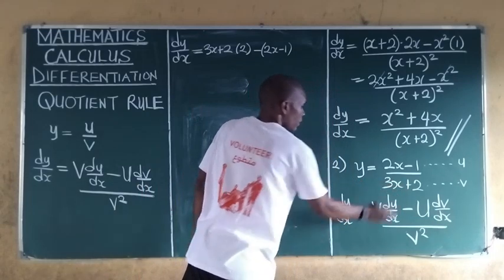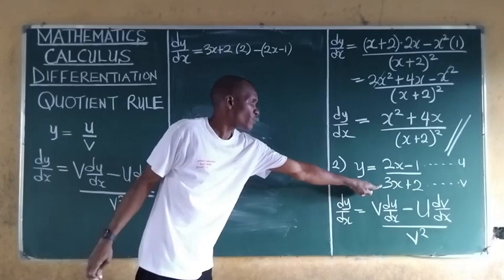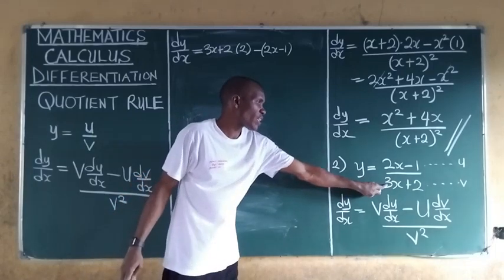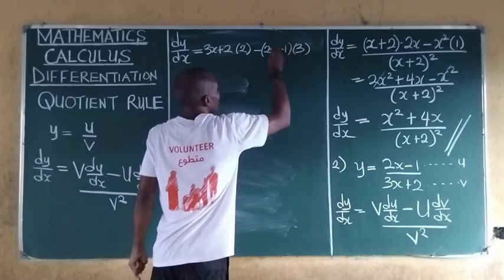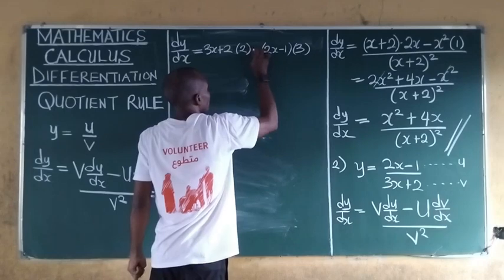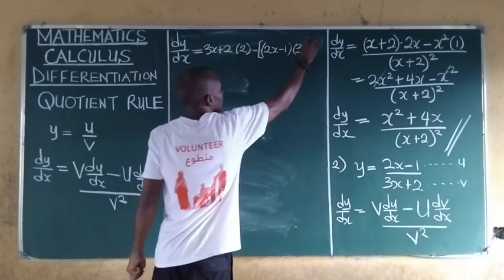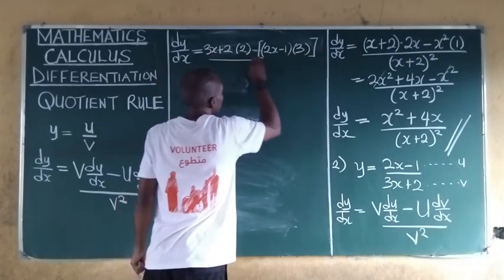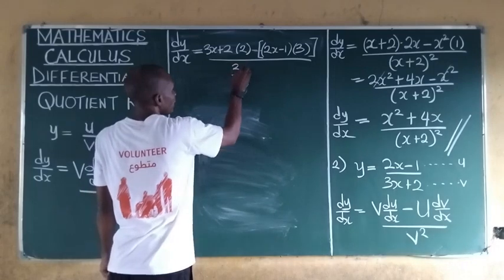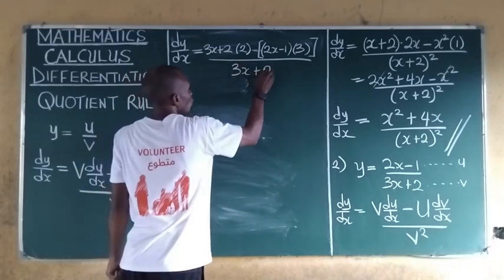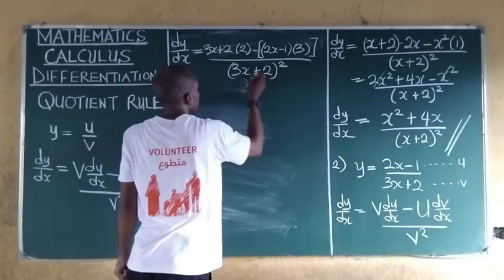We differentiate this with respect to x, so we just have 3 here. So we have 3, all over v squared. This is our v. We now have 3x plus 2 all squared.